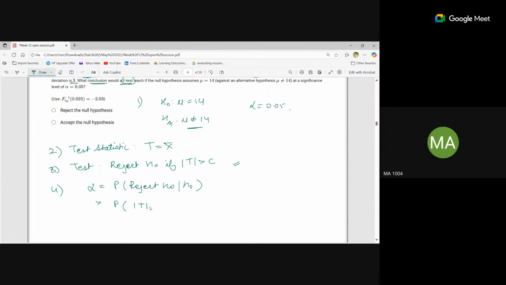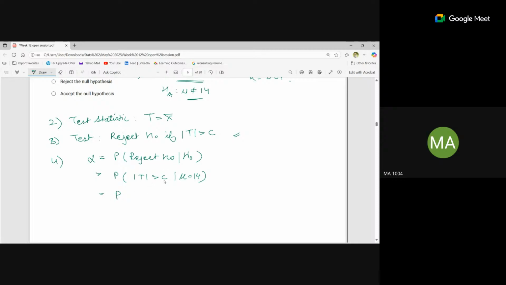If my mod of T is greater than C. And what is H naught? H naught is mu is equal to 14.